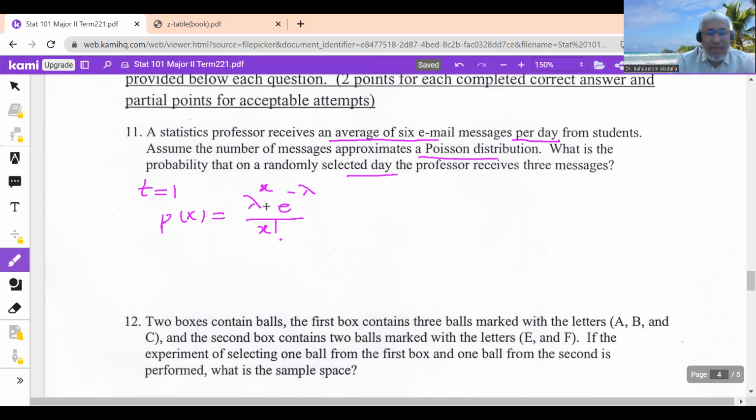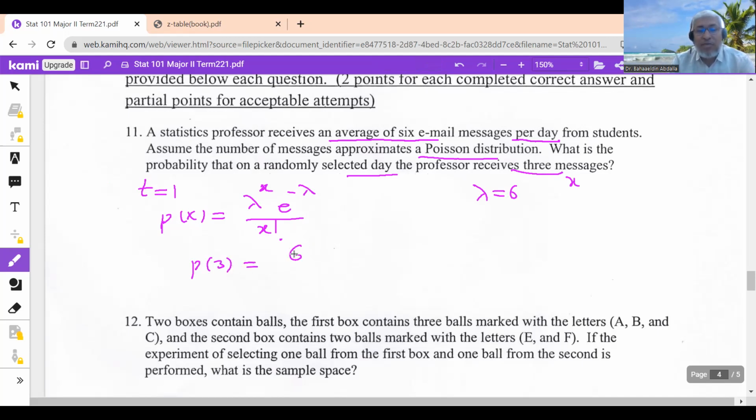Usually it is lambda t, but if t is 1, it's only lambda. Lambda is the average, so the average is 6. He said 6 email messages per day. And what is x? X is the one he is asking about. He says, what is the probability that on a randomly selected day, the professor receives 3 messages? This is x. So he is asking, what is the probability of x equals 3?